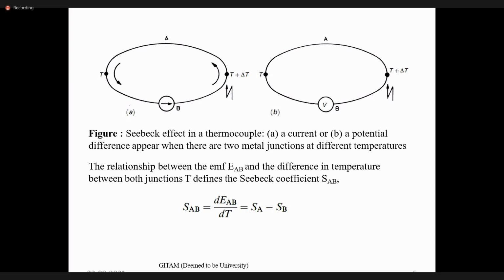S is the Seebeck coefficient, and here we have an equation: SAB is equal to dEAB divided by dT, that is SA minus SB. SA is the Seebeck coefficient of metal A, SB is the Seebeck coefficient of metal B, and SAB is the Seebeck coefficient of the circuit. Circuit means the combination of A and B.